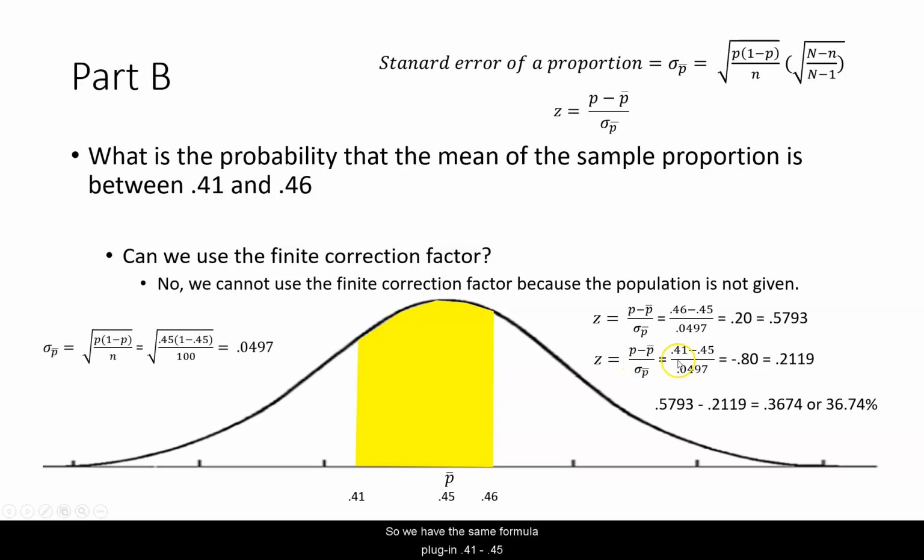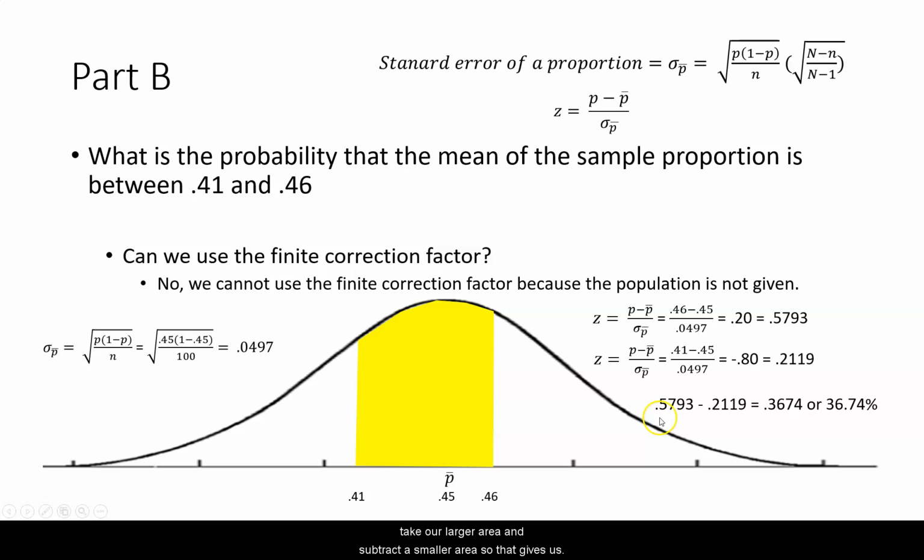Next, we need to find the z-score for 0.41. We have the same formula, so we plug in 0.41 minus 0.45 divided by 0.0497, which gives us a z-score of negative 0.8, which has an area to the left of 0.2119. To find the area between these 2 points, we need to take our larger area and subtract our smaller area.